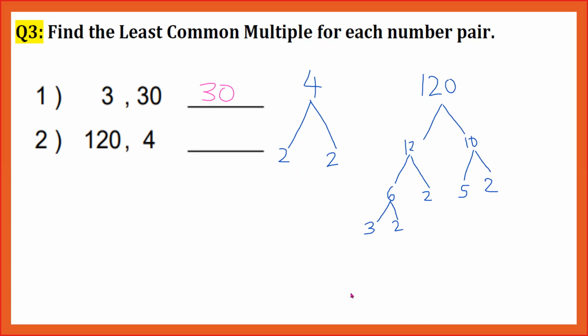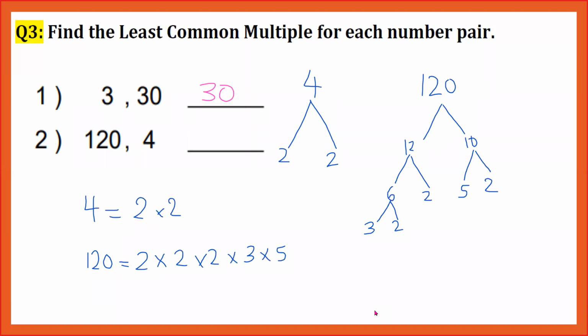So now, what are the factors of 4? They are 2 times 2. And what are the factors of 120? We have 2 times 2 times 2 times 3 times 5. Then what do you have to do next?